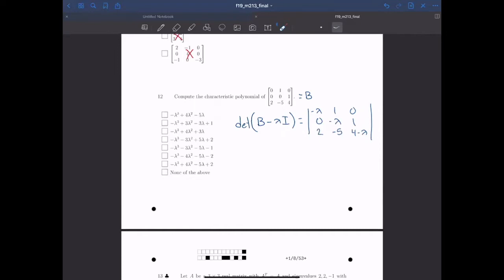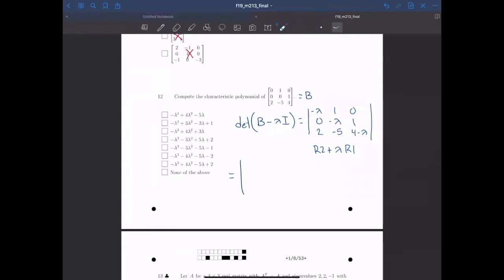I definitely could do cofactor expansion along here or along here. There's a couple of zeros we could take advantage of, but I'm actually going to do a sneaky row operation here. I'm going to take row 2 and add on lambda times row 1. By doing that, I'm going to take this row and multiply it by lambda.